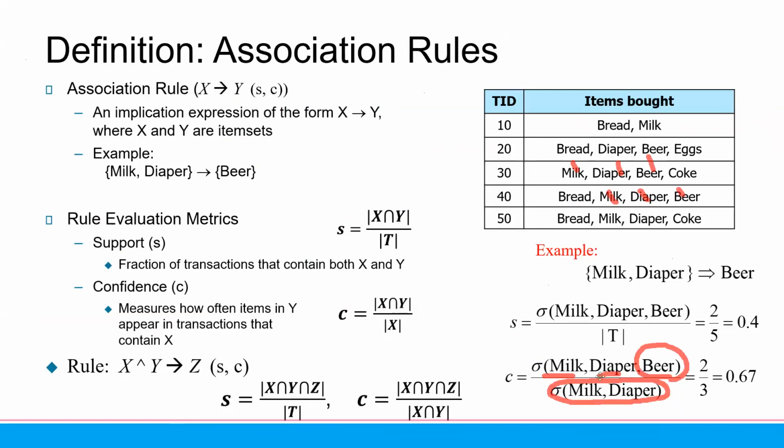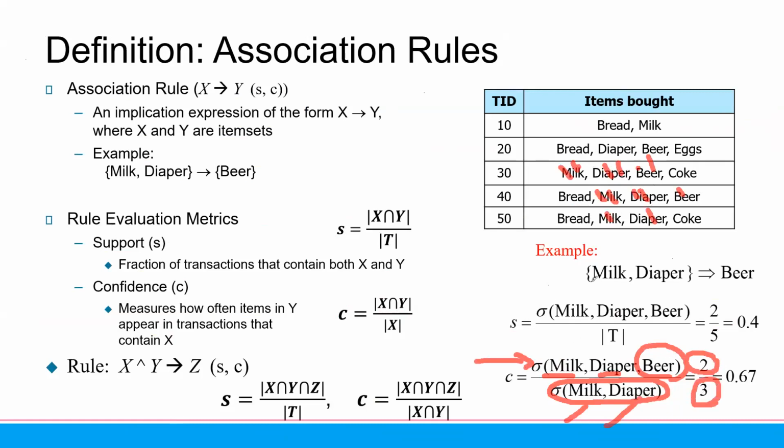What we can get here is the support count for milk, diaper, beer. There are two. And the support count of milk and diaper is three.